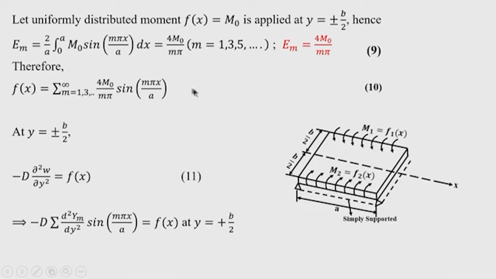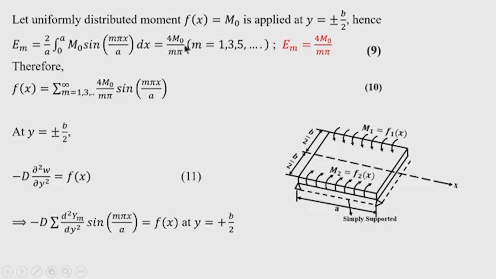Okay. So, substituting this f x as m naught here, we require to integrate this function to find the coefficient of the Fourier series. Okay. So, after integration you can find that the integral of sin m pi x by a dx will be cos m pi x by a with the limit 0 to a. So, when you put in the limit and consider only odd terms, for even terms the value of the integral will be 0.